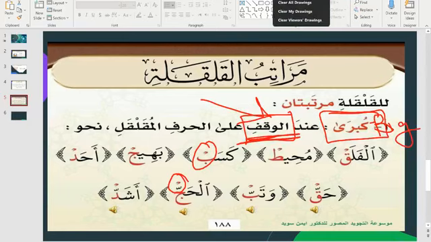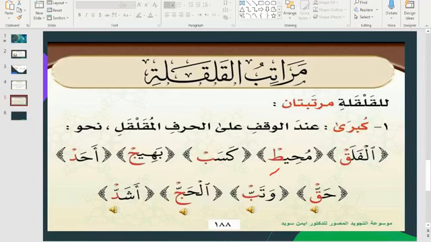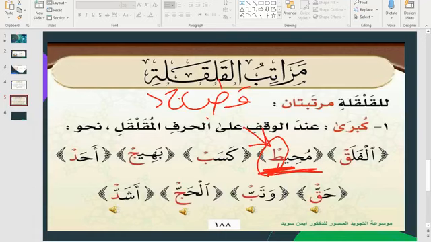If you are stopping at a letter, and the last letter in that word that you're stopping at happens to be one of the letters qaf, ta, ba, jim, dal, then you're going to give it that huge vibration.